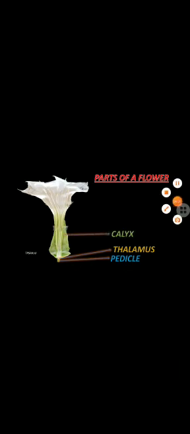This is androecium, third whorl of the flower, and this is gynoecium, fourth whorl of the flower. This is dissected datura flower. Here we can observe all parts of a flower: pedicel, thalamus, calyx, corolla.